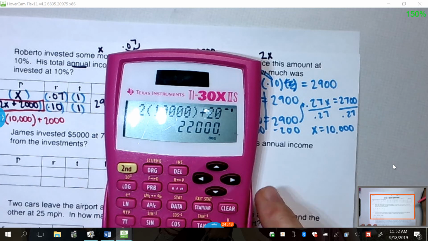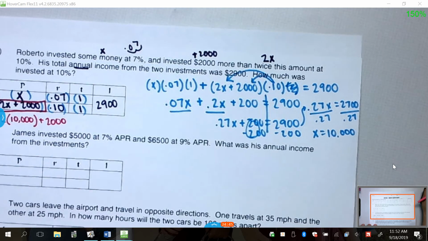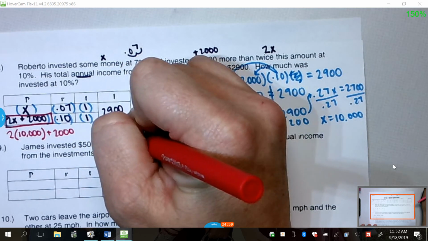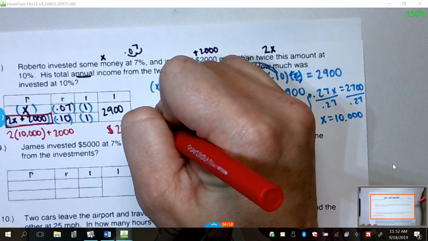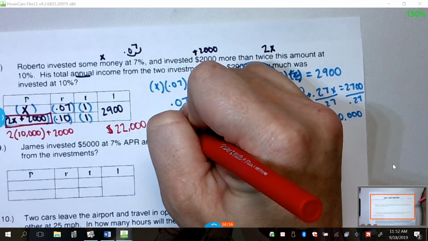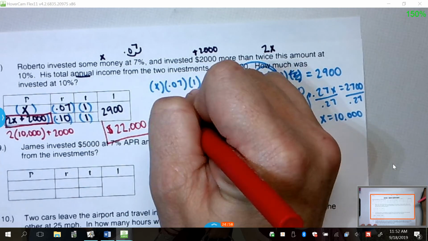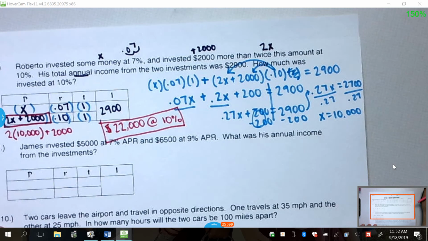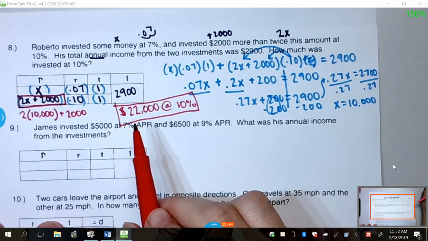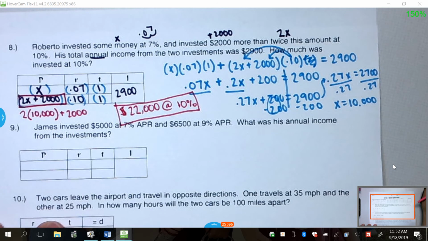It gives me 22,000. So I'm investing 22,000 at 10%. So be careful. X was not my final answer. My final answer was plugging X into my table.